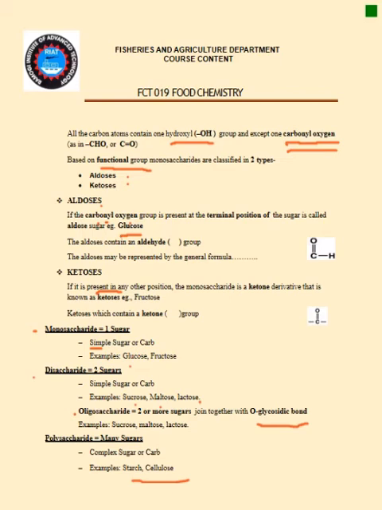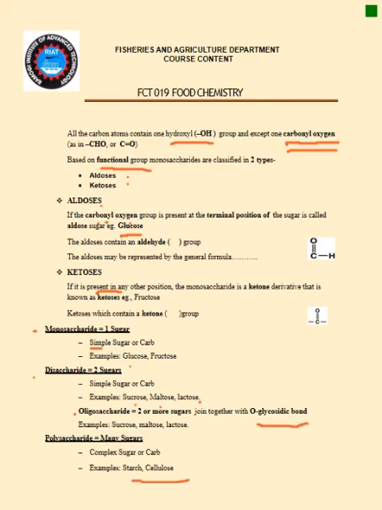So the only thing that is new here is that in oligosaccharides, there's a bond known as O-glycosidic bond. Otherwise, it has got two or more monosaccharides or sugars joined together to form it. It is also a form of a polysaccharide, but now it is specific that it has a certain bond known as O-glycosidic bond, giving it the name oligosaccharide. Examples can be sucrose, maltose, and lactose.